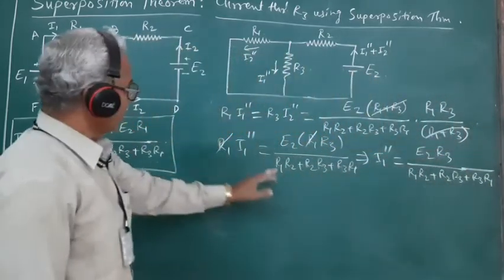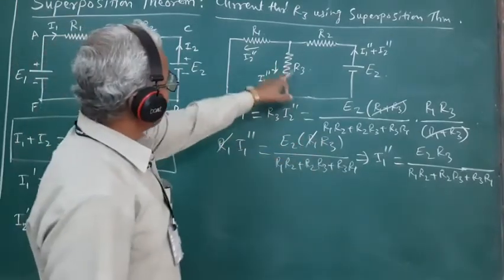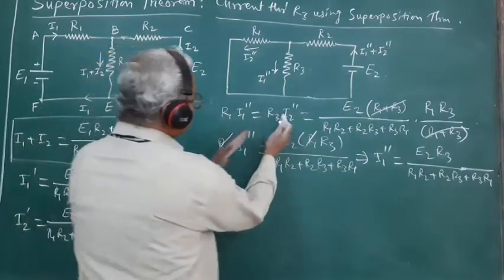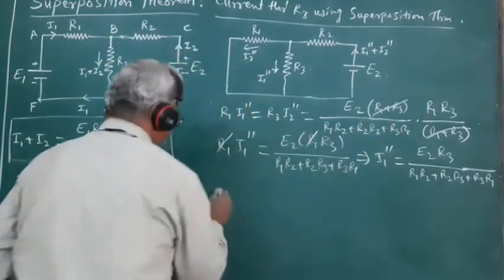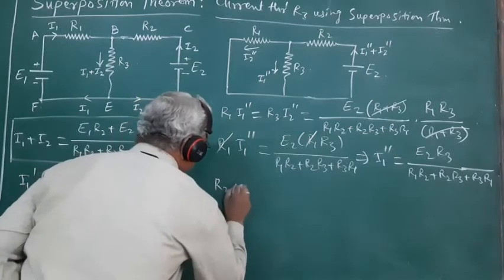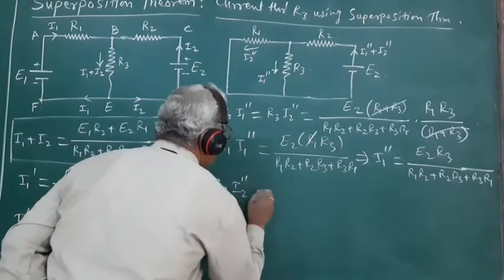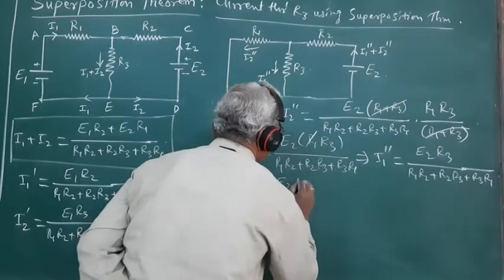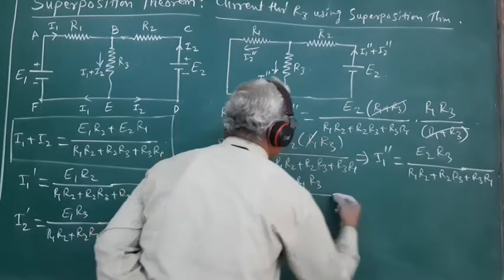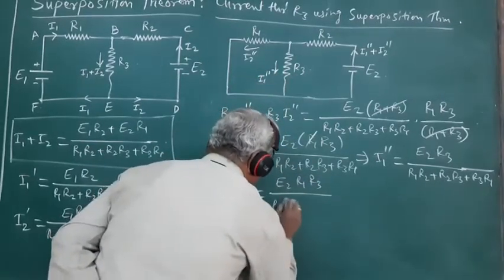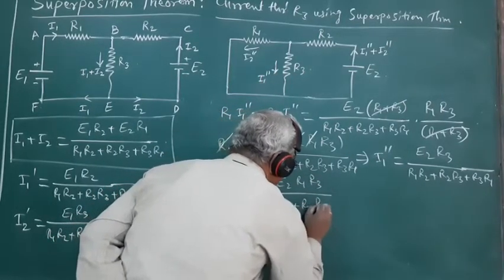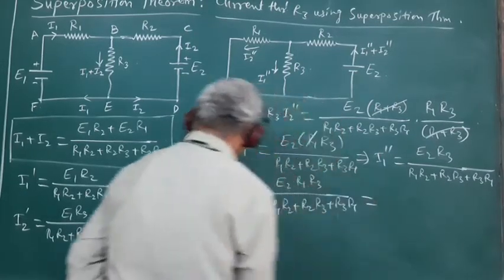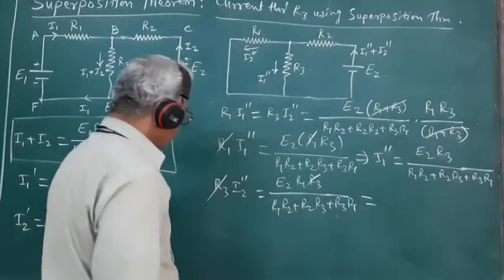This is the current I1 double prime that flows through R3 only due to E2 in the absence of E1. And equating the second and third terms, we can express it as R3 I2 double prime is equal to E2 R1 R3 divided by R1 R2 plus R2 R3 plus R3 R1. So this R3 will get cancelled.